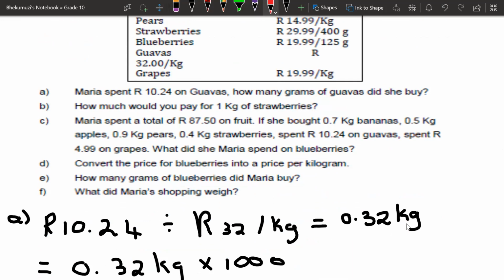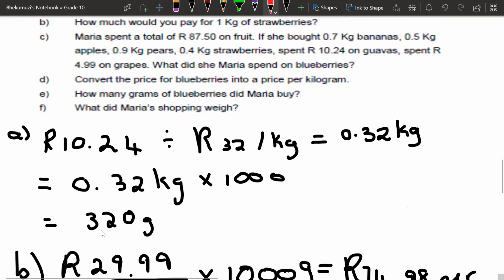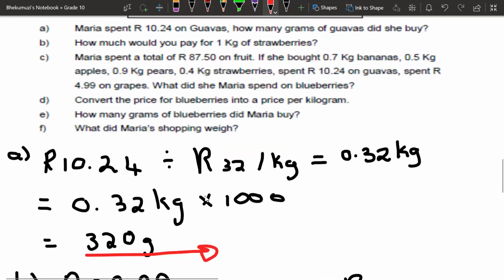Now 0.32 kilograms comes from where? Comes from the fact that we know that for a single kilogram of guavas, it's 32 Rand, right? So now we know that, okay, it's 0.32 kilograms. And now what can we do to get to grams? We multiply by 1,000 to give us 320 grams. And that would be our answer for that one, right? So it will be actually 320 grams.